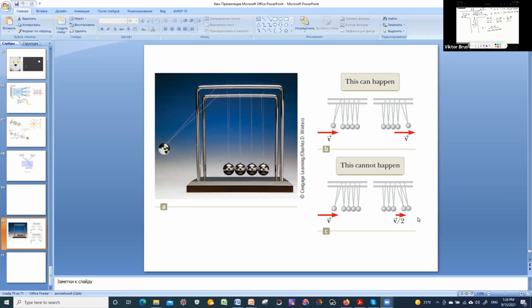So eventually we get m times v squared divided by 2 not equal to m times v squared divided by 4. So obviously the law of conservation of kinetic energy is violated, and that's why this case is not possible.